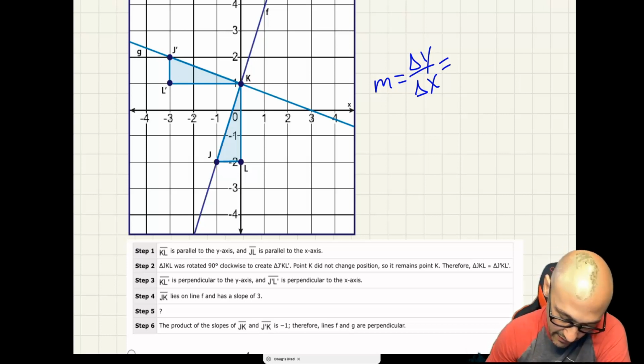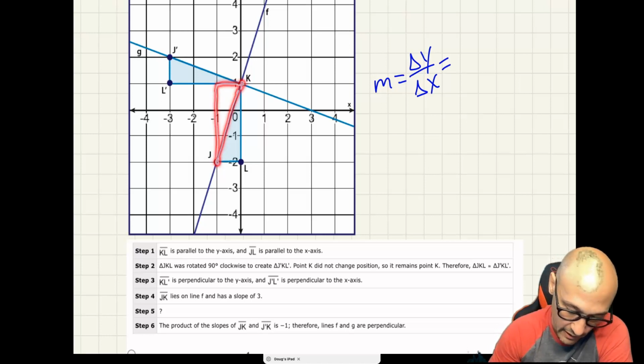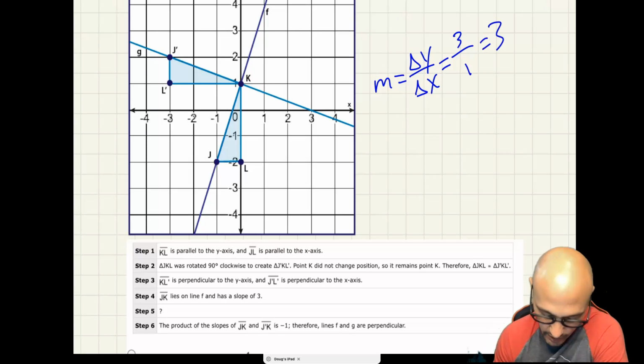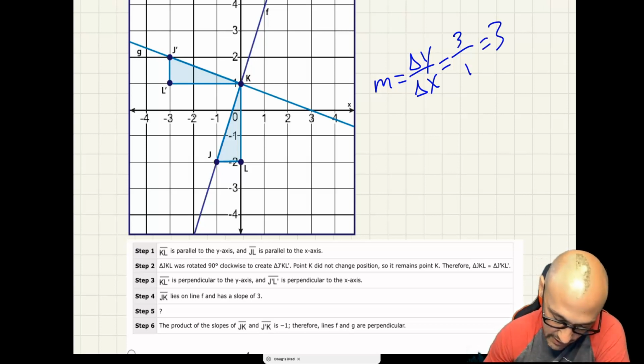And what I can see is that from J to K, as we move from left to right, we go up 3, that's our delta y, to the right 1, that's our delta x. So delta y is 3, delta x is 1, which equals 3. Okay, good so far. So this line segment has a slope of 3.